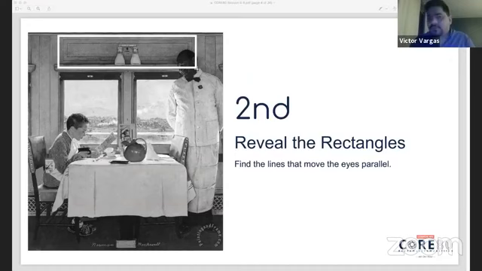That forms a rectangle, okay? There are parallel lines in here, both going vertically and horizontally.